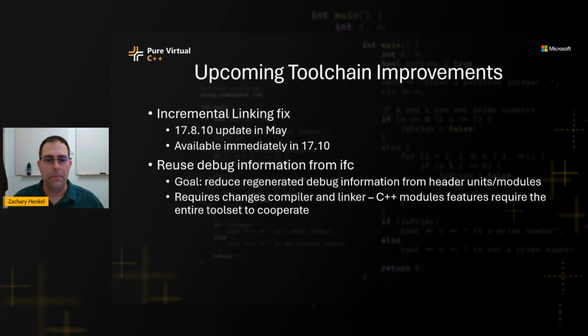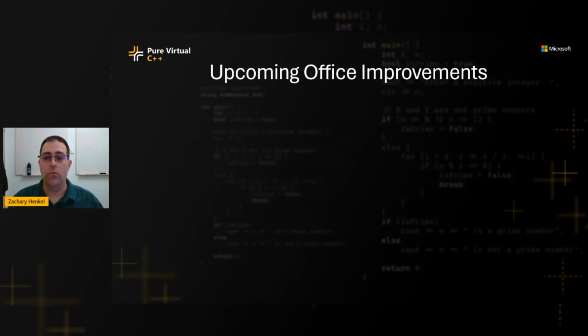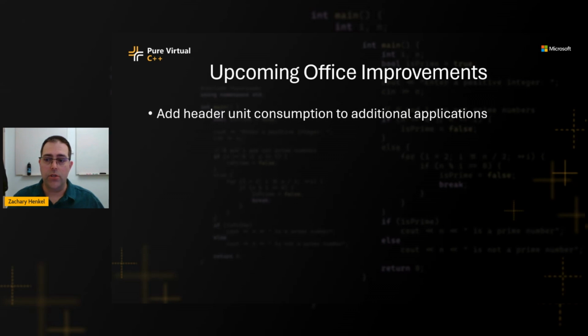And then on the Office side, what do we have to do? As I mentioned earlier, we have additional opportunities to test header unit consumption in some of these end applications beyond Word. We'd like to start this in the very near future. At the same time, we want to continue making low-level libraries into header units.